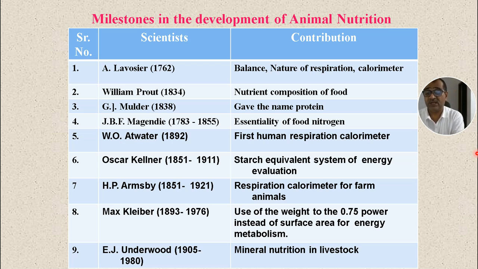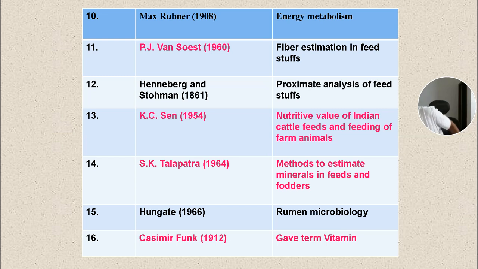Then A.J. Underwood, who lived from 1905 to 1980, studied very well the mineral nutrition, especially in cattle, which are essential, non-essential, heavy metals, and many more things. Max Rubner, energy metabolism. Van Soest, fiber estimation. Henneberg and Stohmann, proximate analysis of the feedstuff. So this is also a landmark discovery.